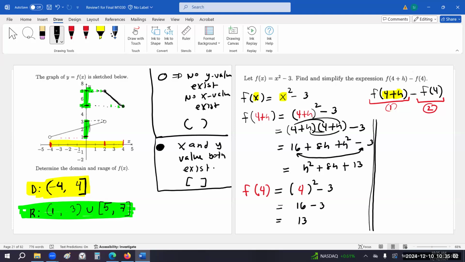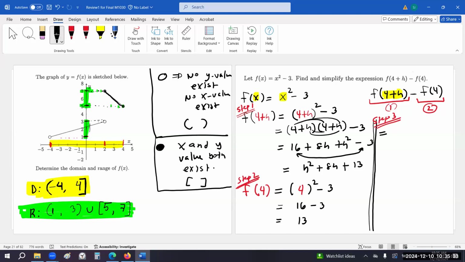So we did step 1, we did step 2. Now last step is go back to the question and substitute them. They're saying subtract f of 4 from f of 4 plus h. So step 1, step 2, and now we are doing step 3.